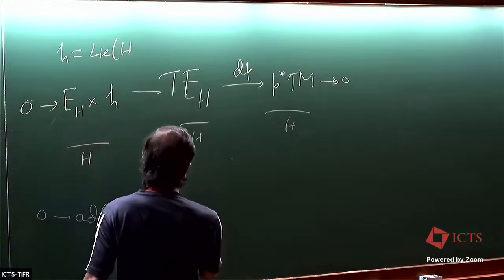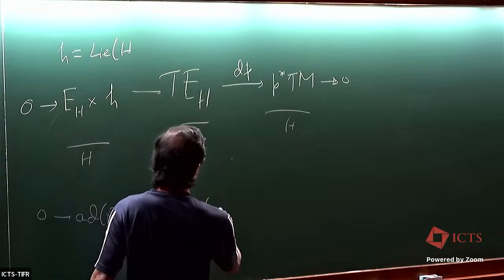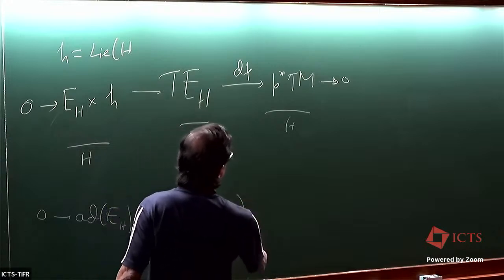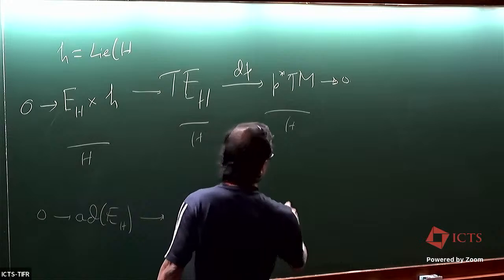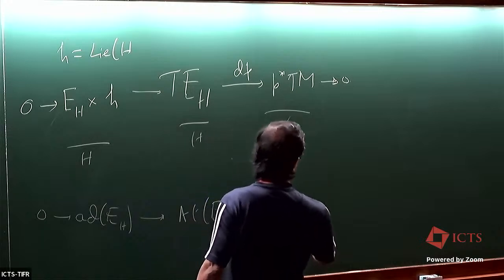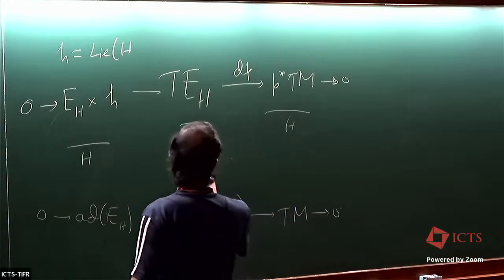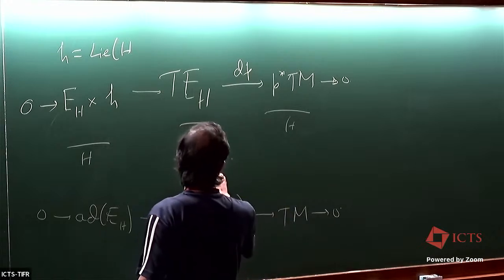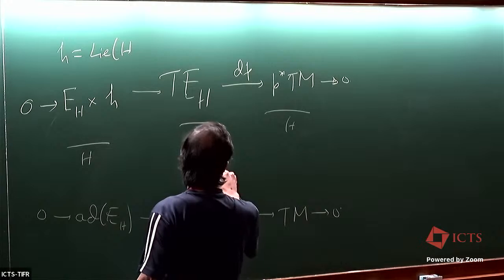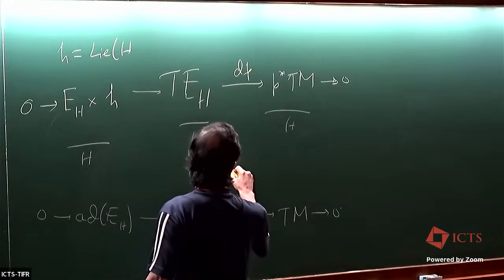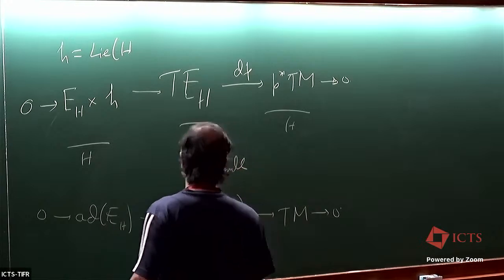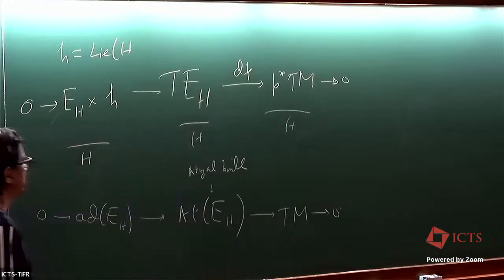This quotient is called the Atiyah bundle, and this exact sequence is called the Atiyah exact sequence.